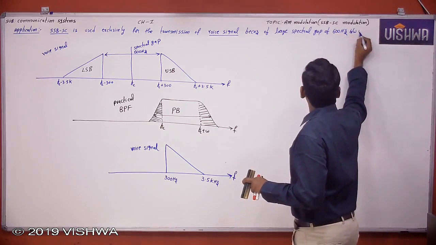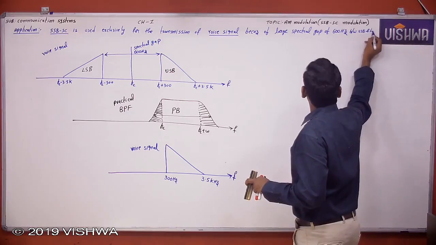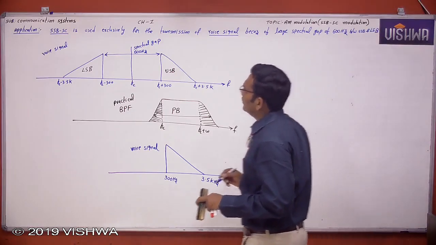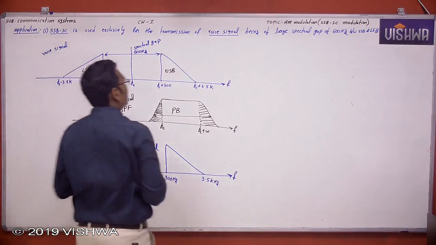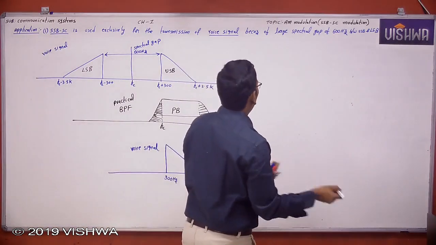Between USB and LSB. This is the first point. So what is the second point?